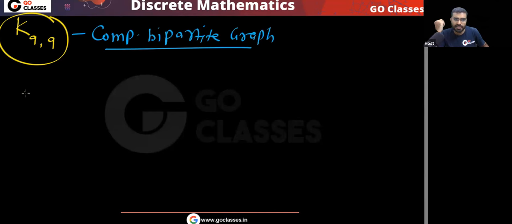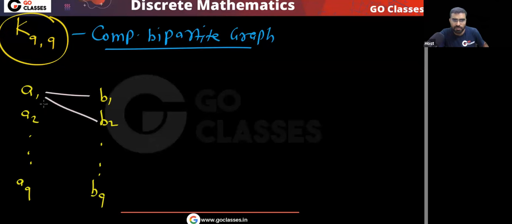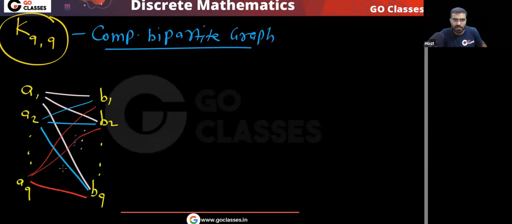A1, A2 and so on up to A9, and B1, B2 and so on up to B9. Like this graph you have. Remember, this is your K99.